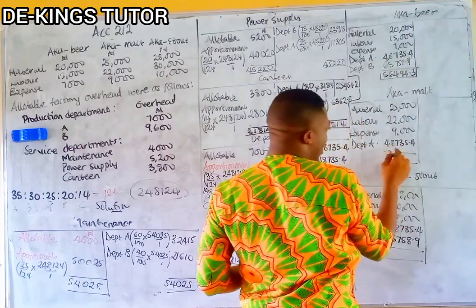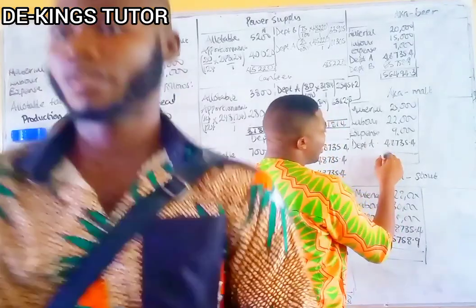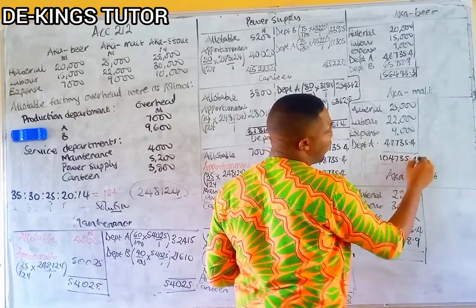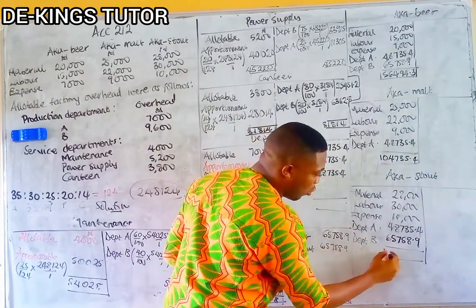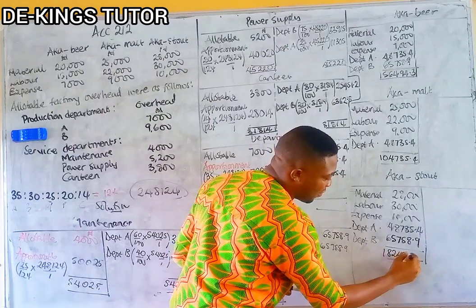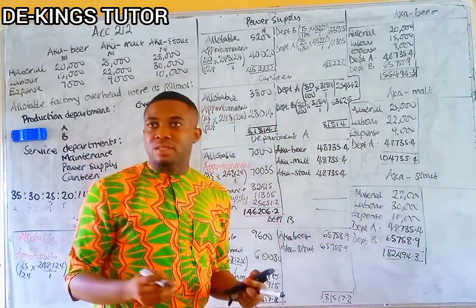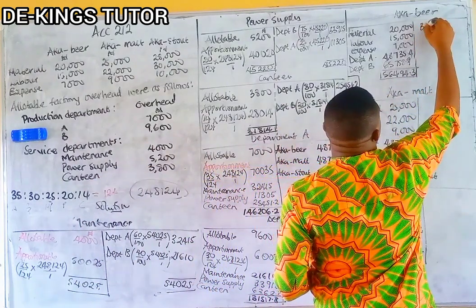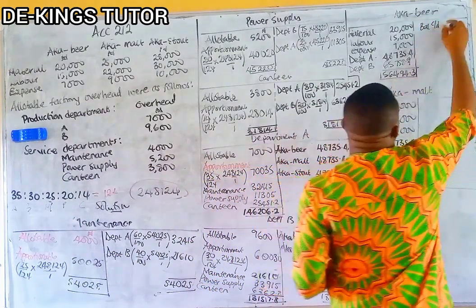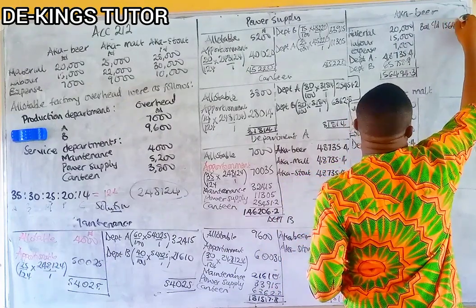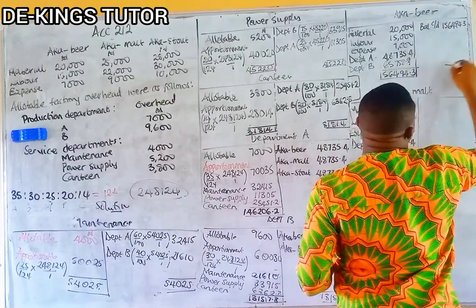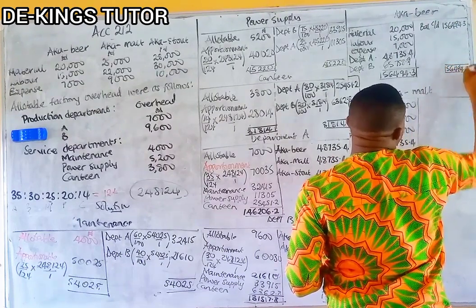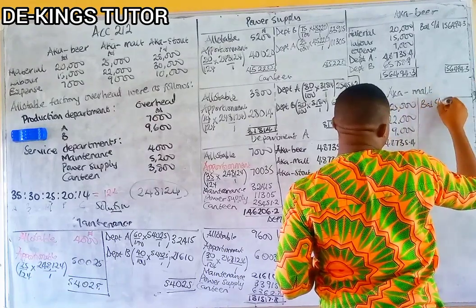Yes, the next person is one. 104735.4. Now look up. So to balance this up, we now have our balance carried out. And this is now 156,494.8. So this is 156,494.8.